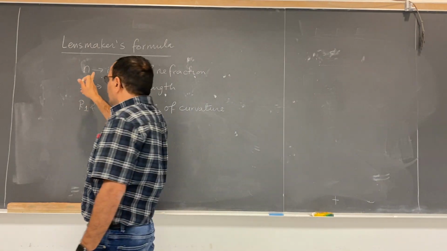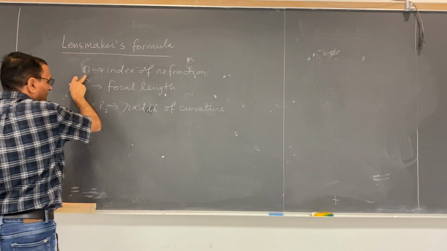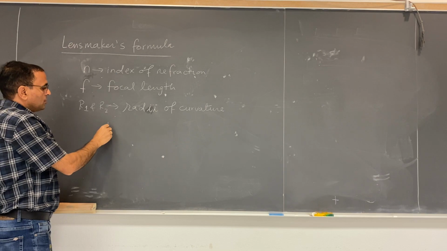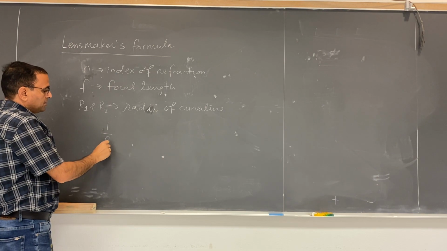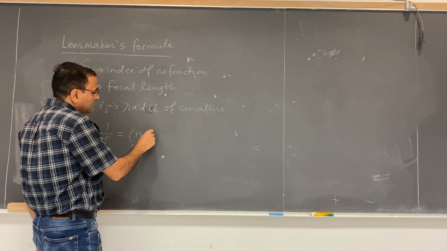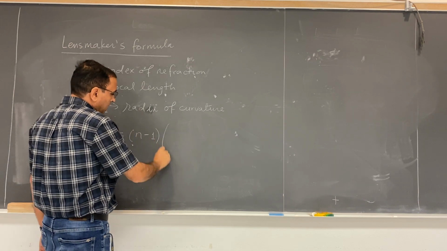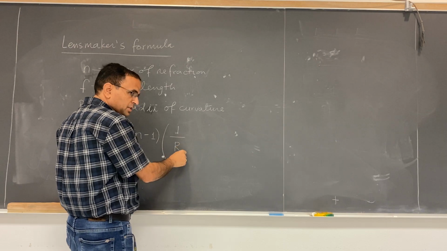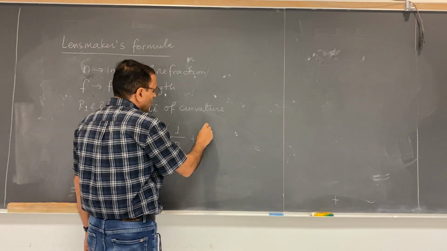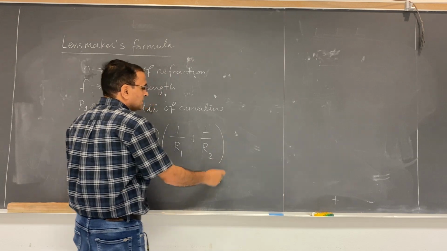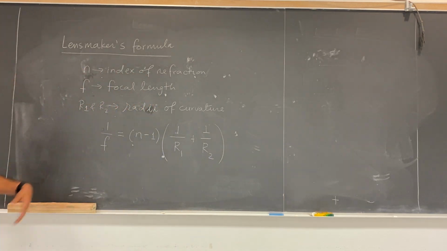F is the focal length and n is the index of refraction, or you can call it the refractive index. And the lens maker's formula is 1 over F equals n minus 1 times (1 over R1, the radius of curvature of the first surface, plus 1 over R2, the radius of curvature of the second surface). This is the lens maker's formula.